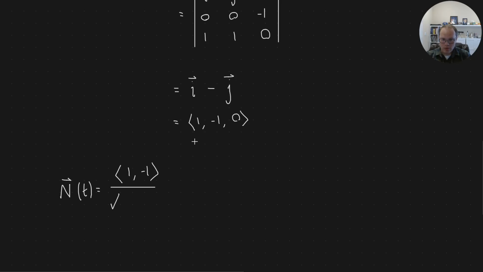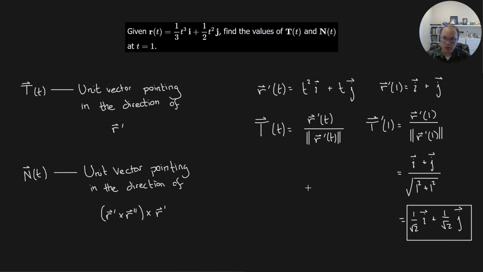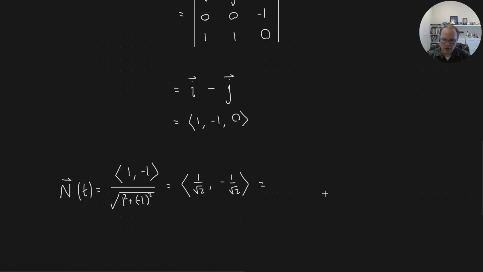And then square root of 1 squared plus negative 1 squared. I'm taking the norm of it to turn it into a unit vector. And so I get 1 over root 2, negative 1 over root 2. Or if you prefer ij notation, which we probably should since that's what we started with, let's stick with that notation. That'd be 1 over root 2 i minus 1 over root 2 j.